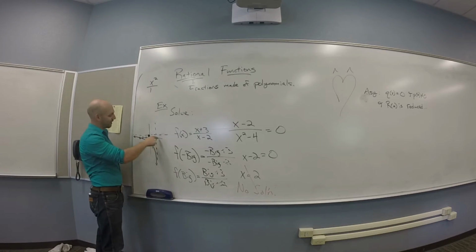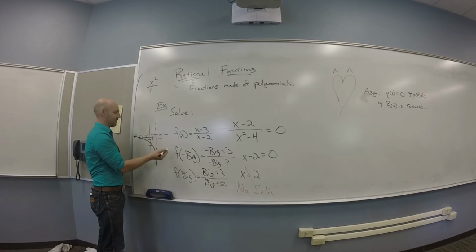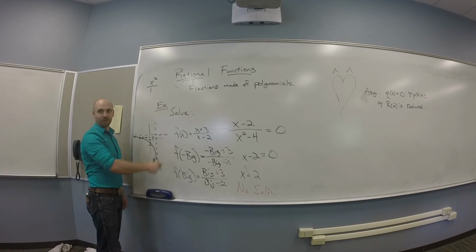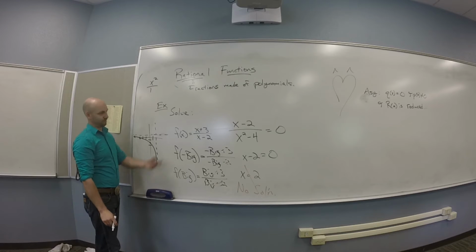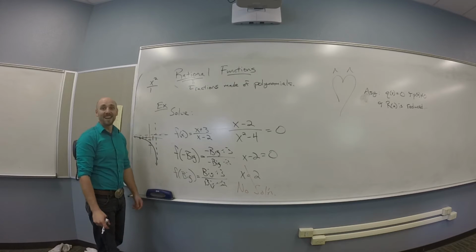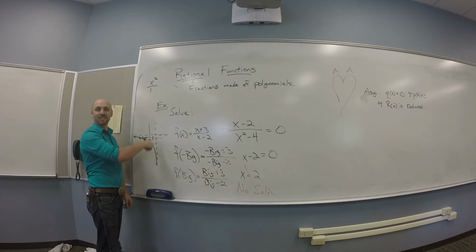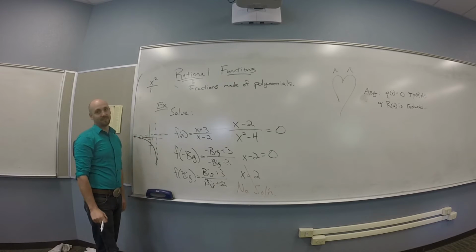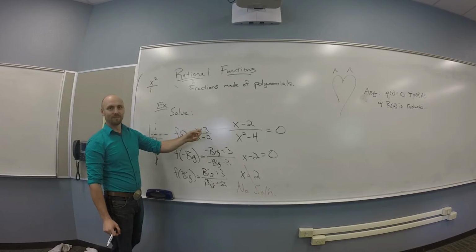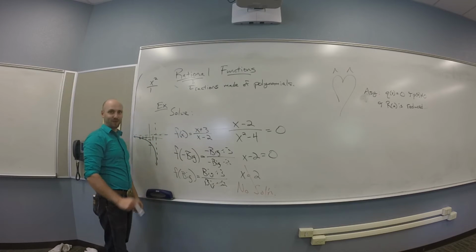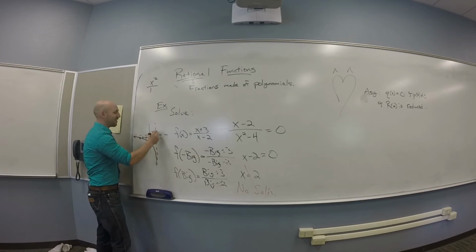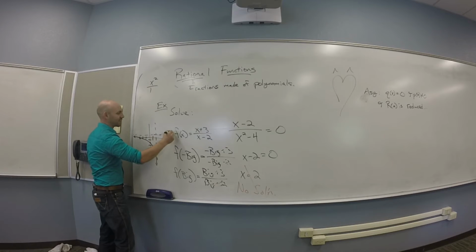And then I should plug in a number over here someplace. Pick your favorite number over there, as long as it's past 2, you're fine. So I'm going to pick 7, because that's 10 over 5, which is pretty easy. So that's 2, right? So if I go over 7, I go up 2.